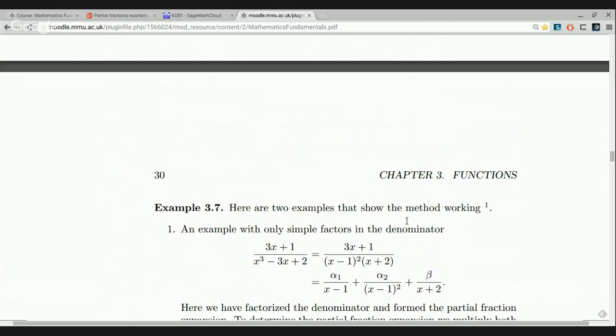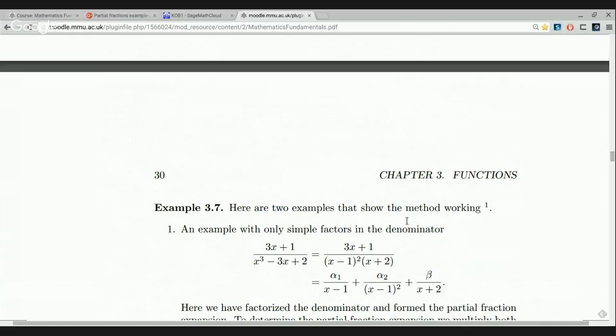So each factor that appears in the denominator of the original rational function, we get a corresponding term in the partial fraction expansion. If the factor is just an x plus 2 on its own, like here, then you get a single fraction c over x plus 2.